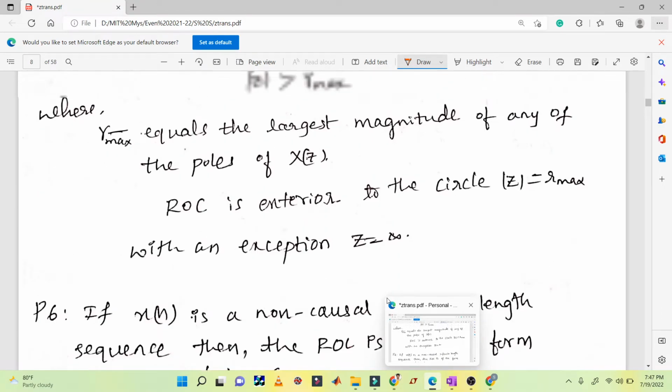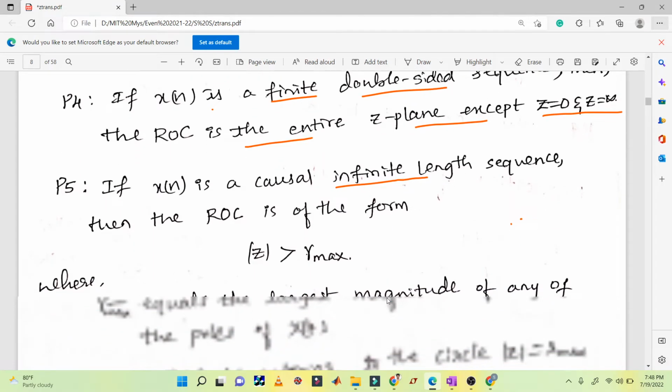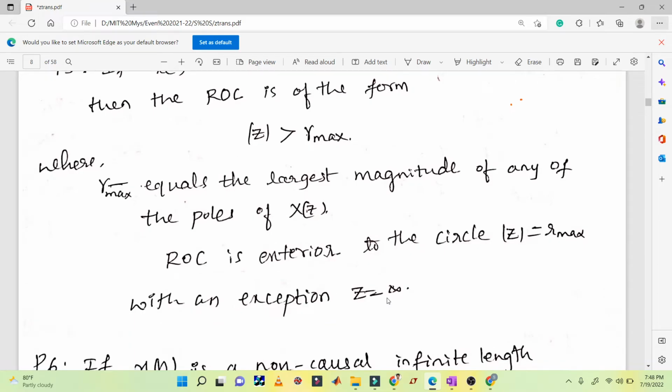Then we have the fifth property. If x of n is a causal infinite length sequence, then ROC is of the form magnitude of z is greater than r max. This is our z is greater than a that we took, right?